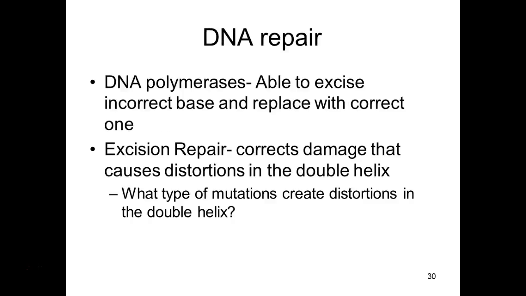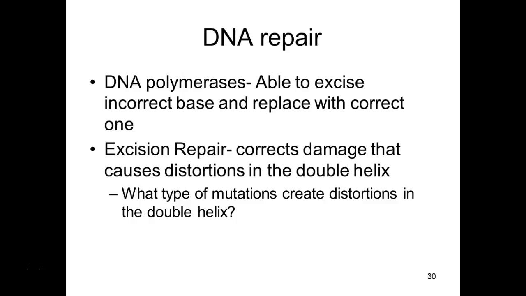So we already answered that one, right? DNA polymerases are able to excise incorrect bases and replace them. They have their own proofreading ability. They not only make DNA, but they can check their work and fix it. Excision repair is typically used when there's distortions in the DNA structure.